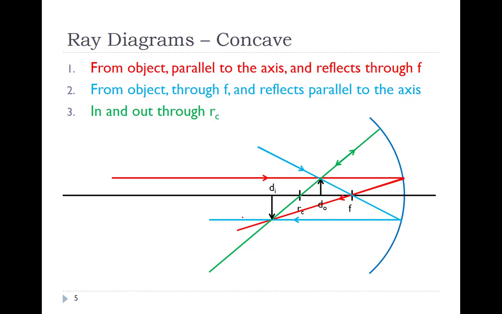Now, one thing I will say at this point, I worked really hard to get very pretty ray diagrams for this. It is difficult to get ray diagrams where your 3 outgoing rays meet at a single point if you're drawing them by hand. You have to be very careful. You have to measure everything.